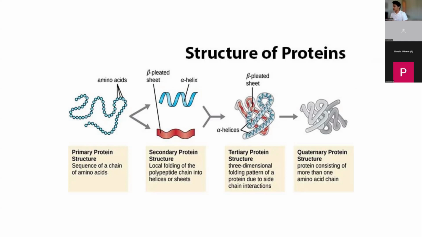Remembering the structures of proteins is pretty important when we're going on later to talk about certain properties, understanding the bonds, as well as the functional groups in proteins, and something that's known as denaturation.